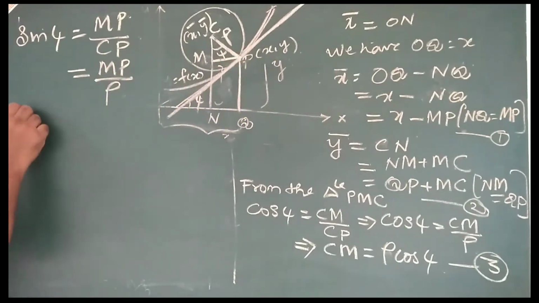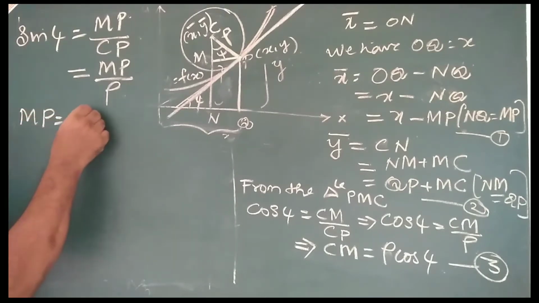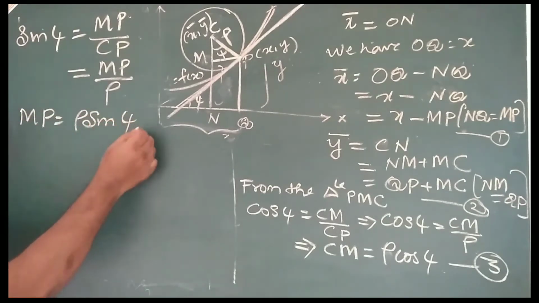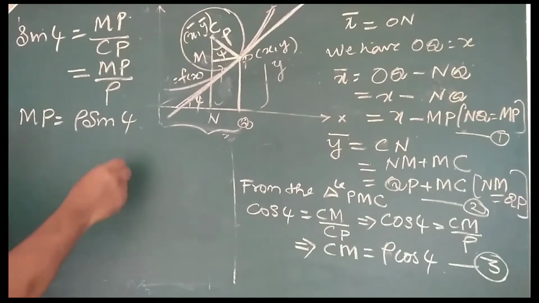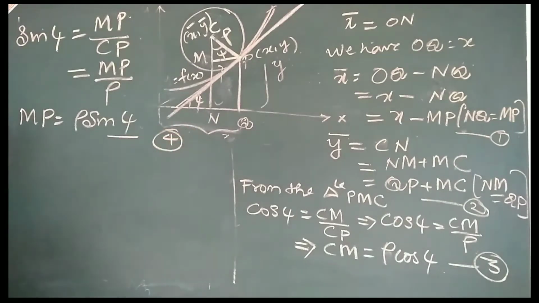So MP is equal to rho sin psi. So this is equation number 4.